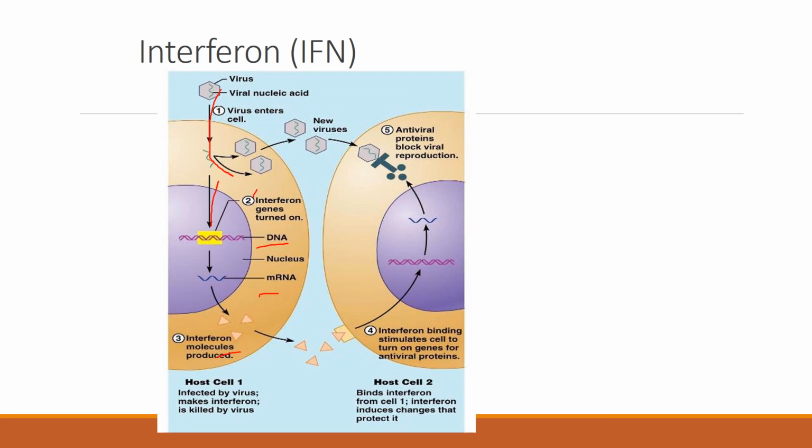However, the interferon gene is turned on, and so what happens is that it inhibits the molecule from being produced. And so with the production of antibodies that are found, this interferon can bind to it and then can block the production of more viruses, so that stops that whole process.